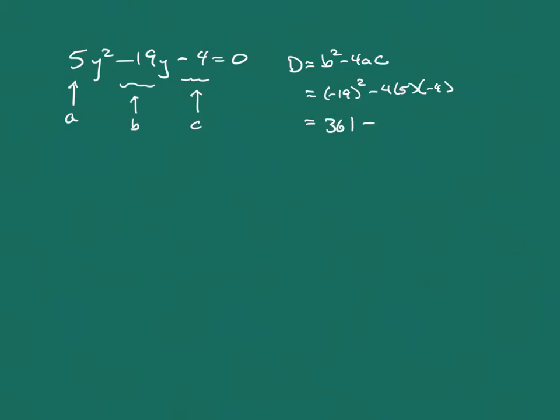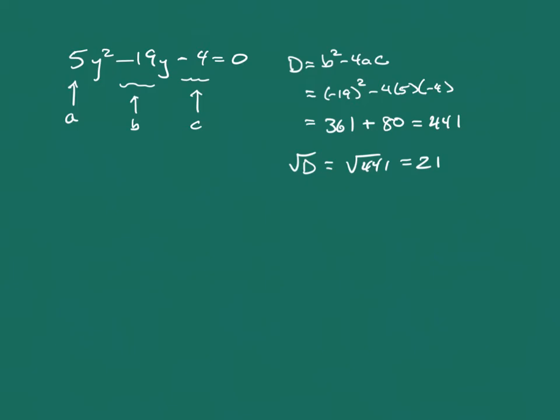So a minus and a minus is actually a positive. So 20 times 4 gives us 80, and so really we've got a discriminant of 441. So now if we take the square root of 441, that is going to give us 21.